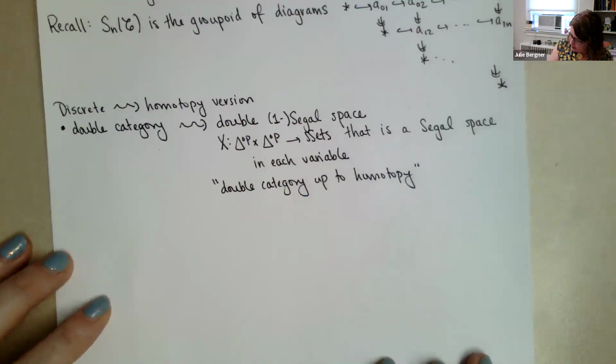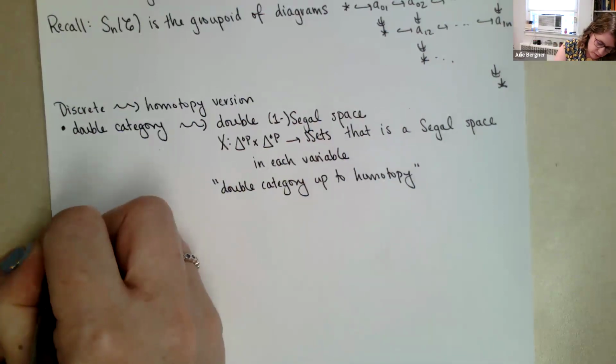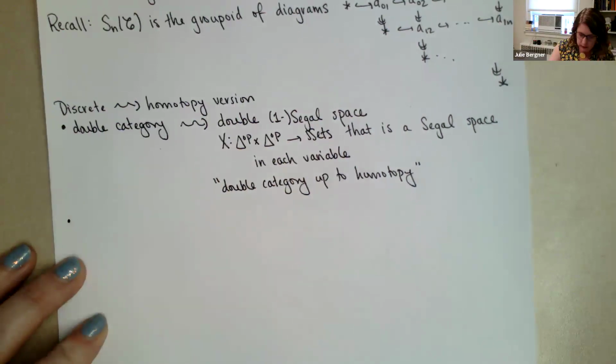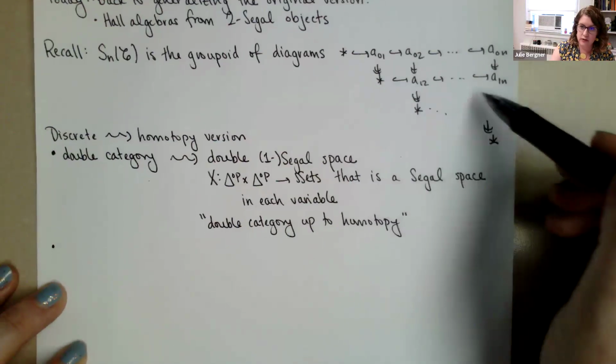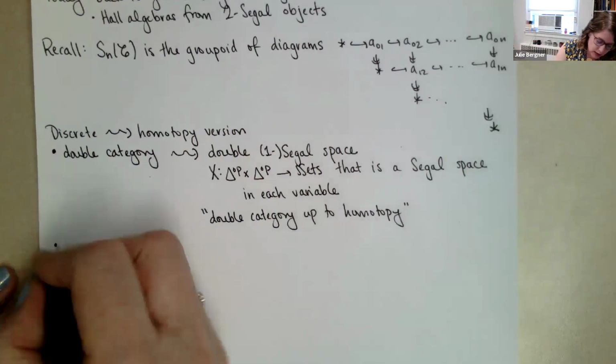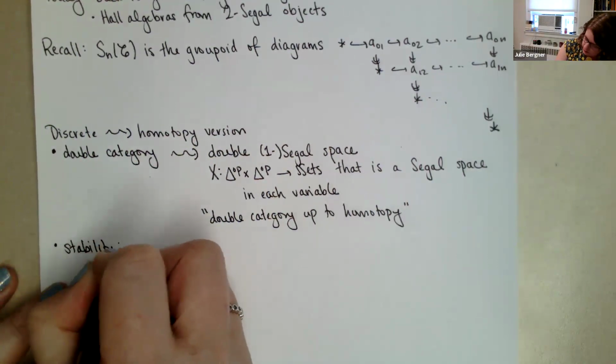All right. So now we have a couple other conditions. In our double categories, we don't have a notion of bicartesian squares if we're not living in a common category. And so we had this stability condition.